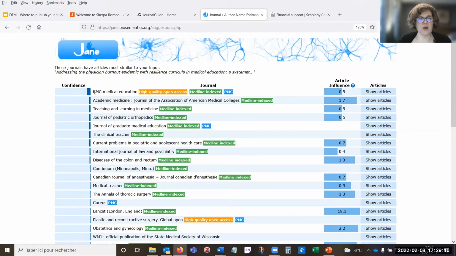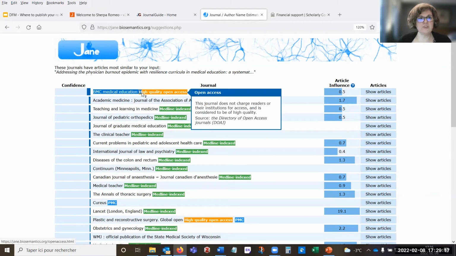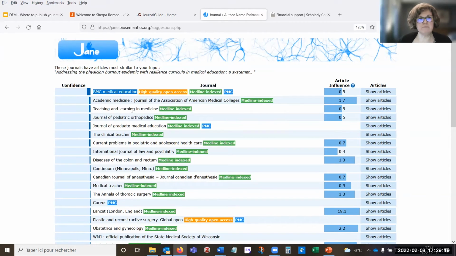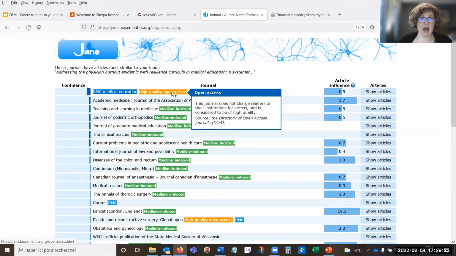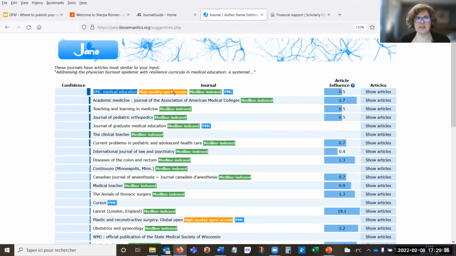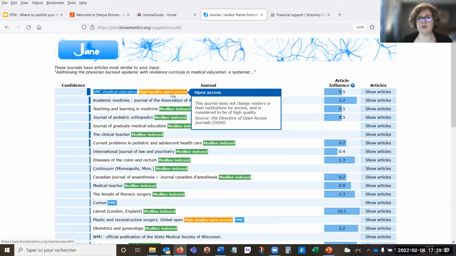Okay, so the first one they suggest is BMC Medical Education. And they are saying this is a high quality open access journal. And they tell you why they're saying this. So they explain where they took this information. The DOAJ is the Directory of Open Access Journals, I'm sorry, I forgot to mention that.